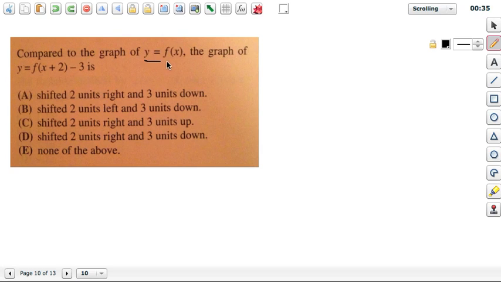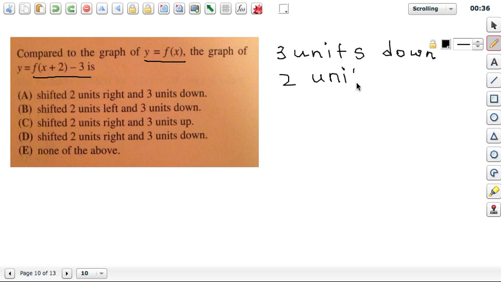Compared to the graph y is equal to f of x, the graph of y equals f of x plus 2, minus 3 is, you know that the transformation rule tells you that it's 3 units down and 2 units left. So the correct answer is B. 3 units down, 2 units left.